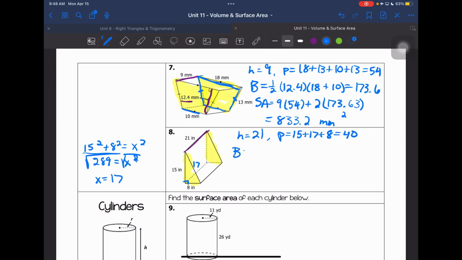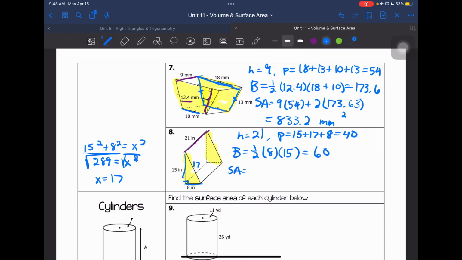Now let's focus on finding the area of the triangle. So 1/2 times base times height. Our base would be 8, and our height of the triangle would be 15. So 1/2 times 8 times 15. That's equal to 60. And then we can find our surface area.